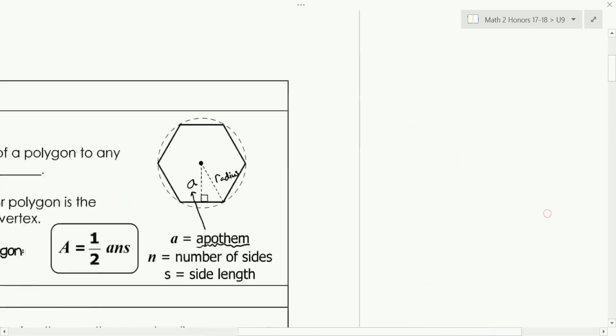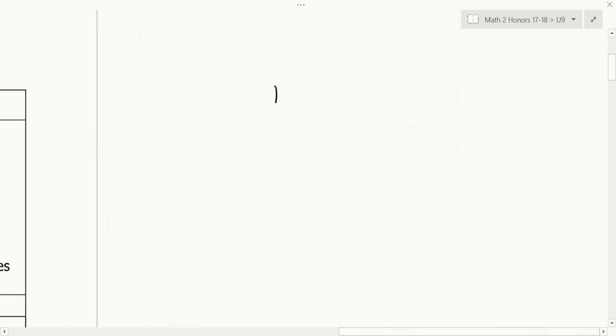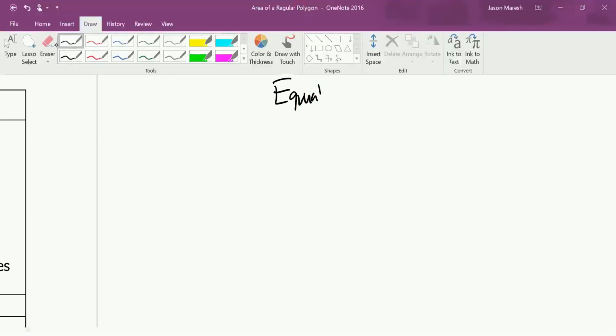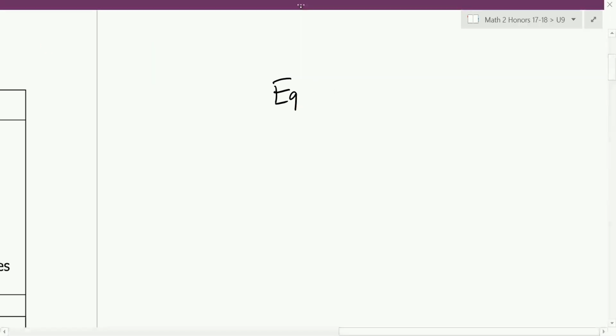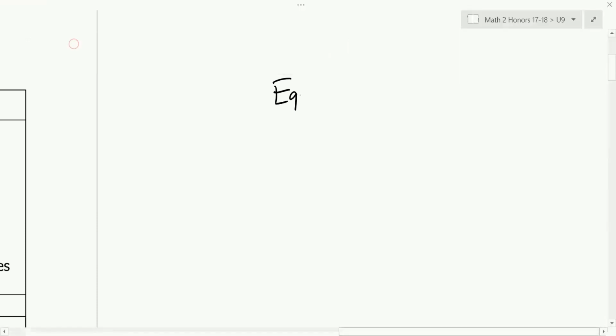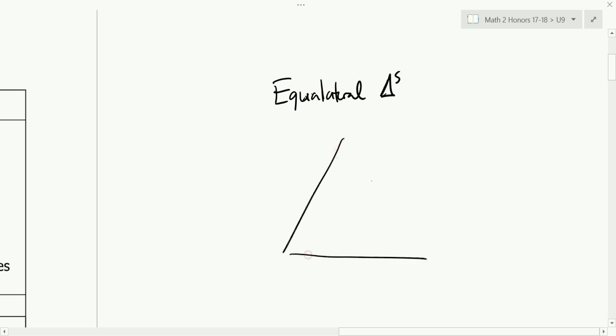Now, when we think about equilateral triangles, if I could spell equilateral triangles, hold on. All right. We know some stuff about them. What do we know about equilateral triangles? All sides are congruent. That's the definition. What else? All angles are congruent. And what else?